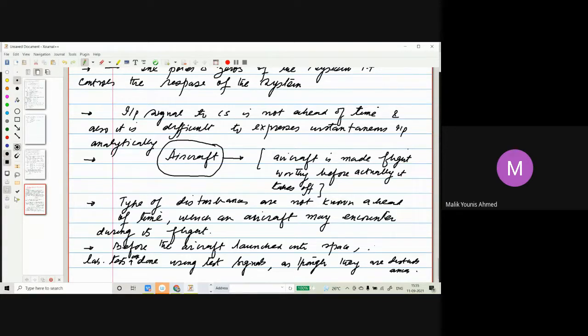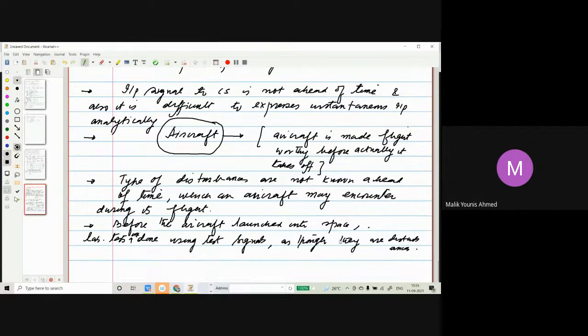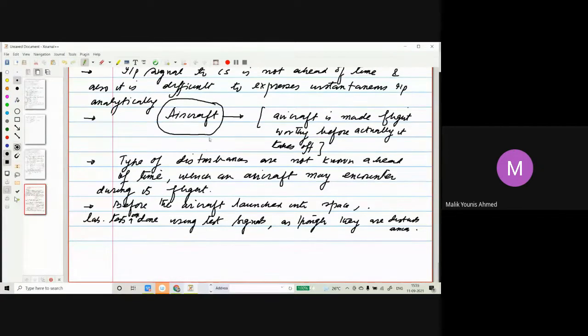So what we are doing, if we have to make it flight worthy, that means we make sure that the aircraft flies smoothly without any problems.